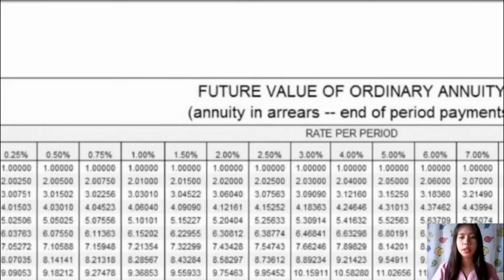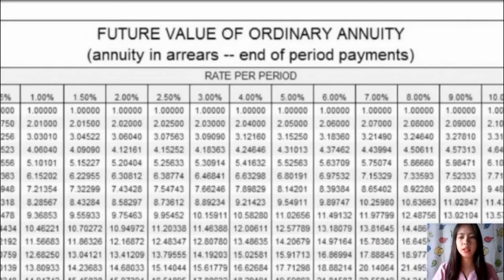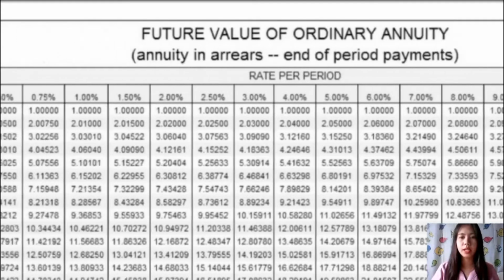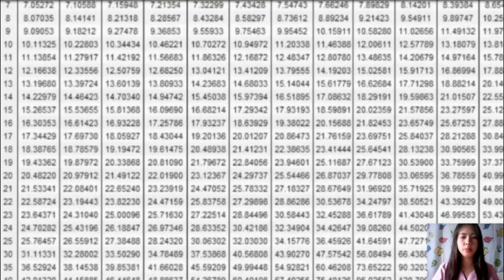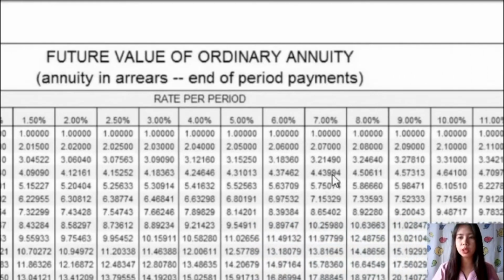So, in the how to use, these are the rate per period. So, those with percentages, 0.25, 0.5 up to 12%. So, these are the rates. In our given, 7%, so we look for it here. How do we find the year? It is here at the side. So, this table goes from 1 to 50. So, we get the 5.75074 here.